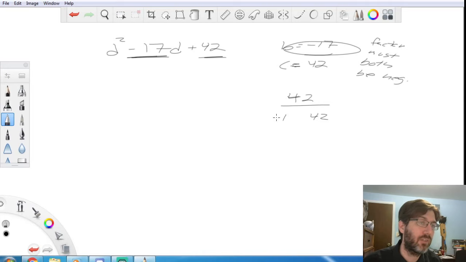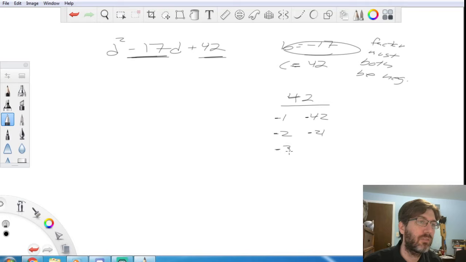So here this is actually going to be negative 1 and negative 42, which either way is not going to add up to 17. Next we got 2, right? We have negative 2 and half of 40 is 20, half of 2 is 1, and negative 21. Let's see, 3, 4 plus 2 is 6, so 3 would work.